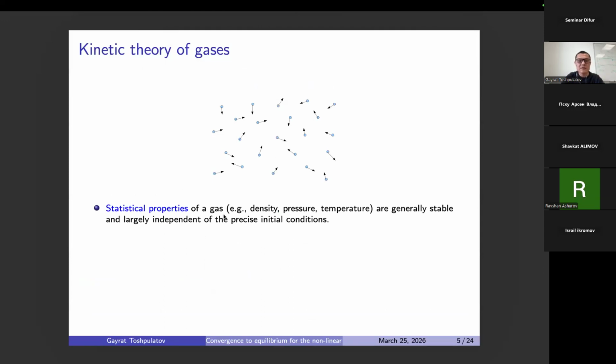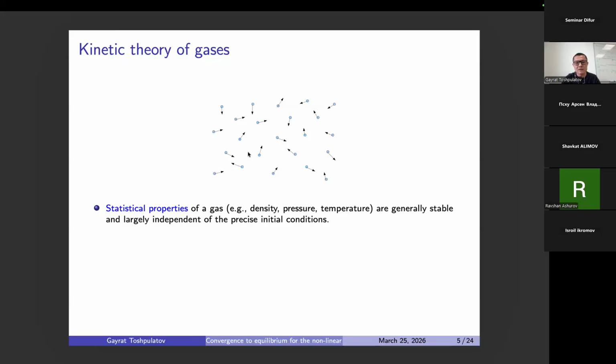In experiment, we can check that some statistical properties of a gas, for example its density, pressure, and temperature, are generally stable. They don't change rapidly. And also these quantities are independent of the precise initial conditions. Hence, we may not be able to study each individual particle, but we can study them from a statistical point of view.